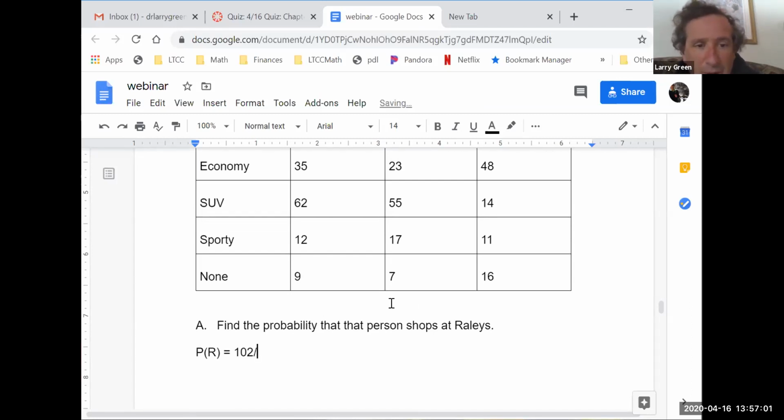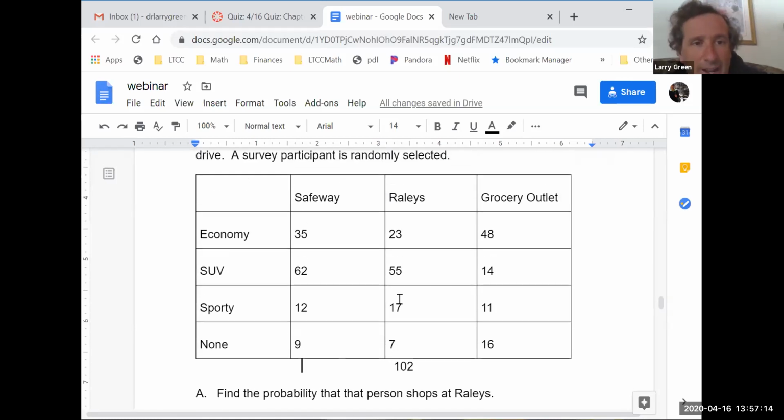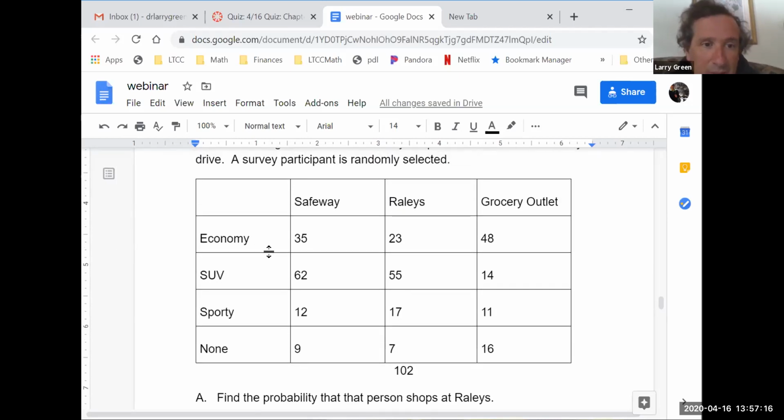Divided by the total number. And by the way, it might help to write below this. I'm going to write 102. And then over here, let's find out how many Safeway shoppers there were. So we got 35 and 62 is 97, 99, 109, 118. And then Grocery Outlet shoppers, 48 and 14 is 62, and 11 is 73, and 16 is 89.